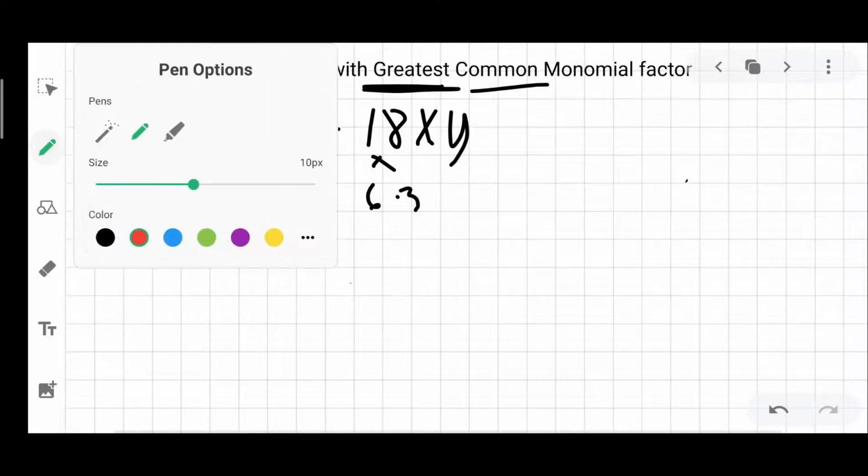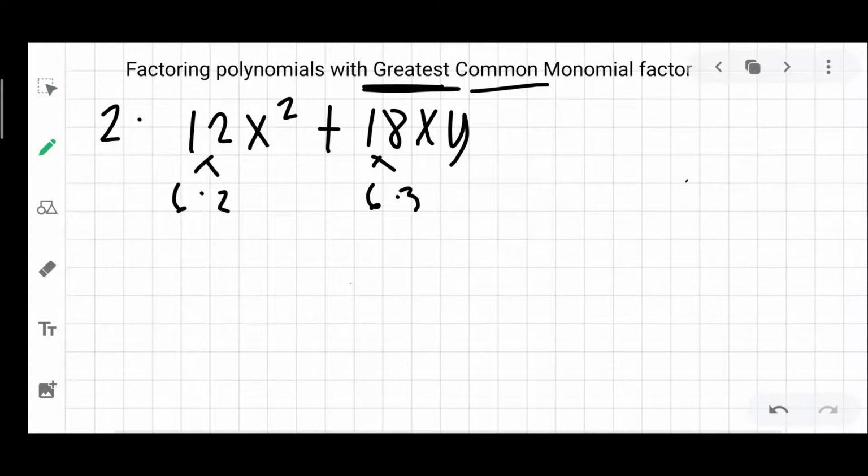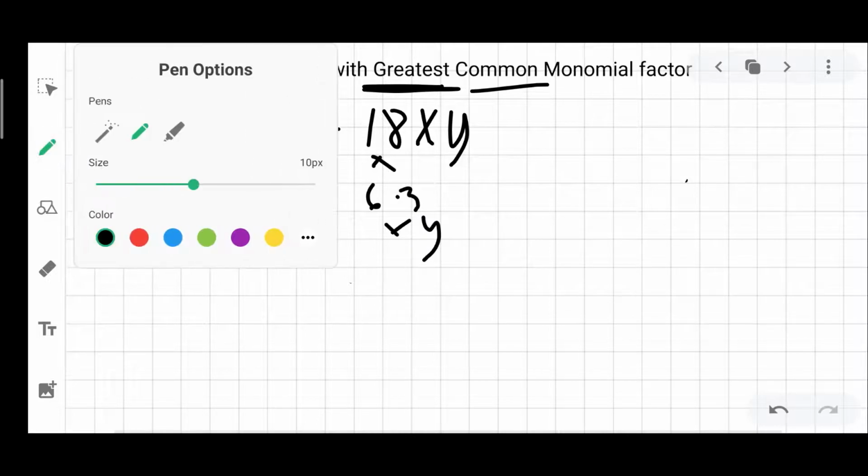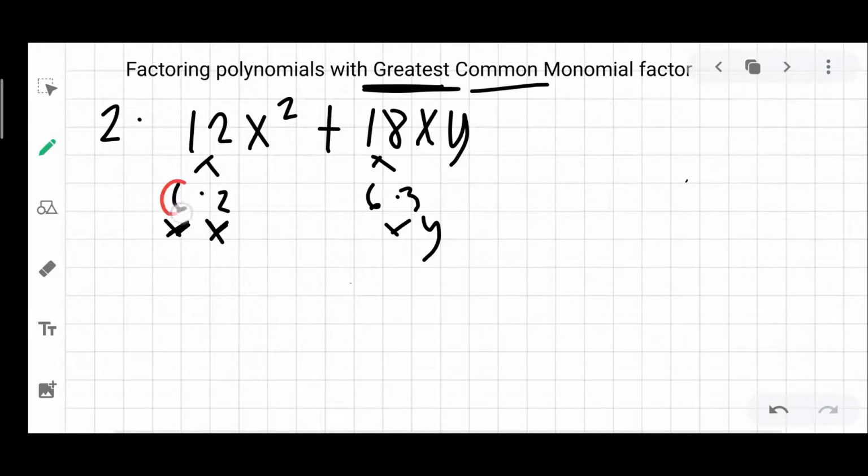Next, for 12x squared, we have 2x, dalawang x, and then x, y. Then encircle the common factors. Of course, 6, para silang may 6. Next is x. Isang x lang, kasi siya may x, pero dito wala siyang x.